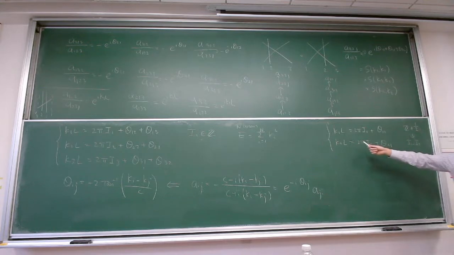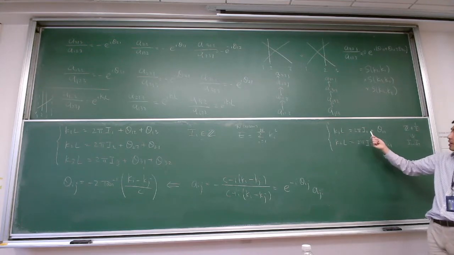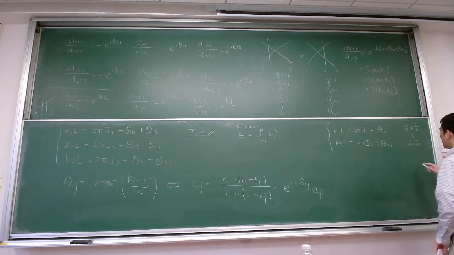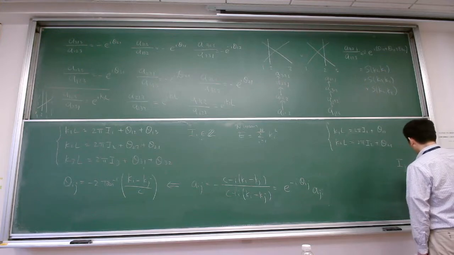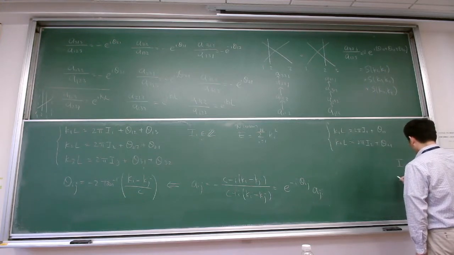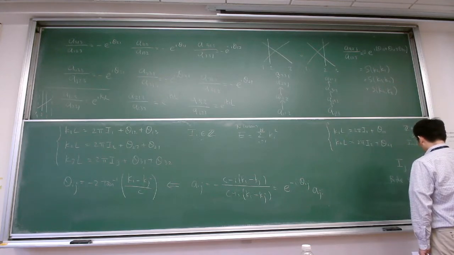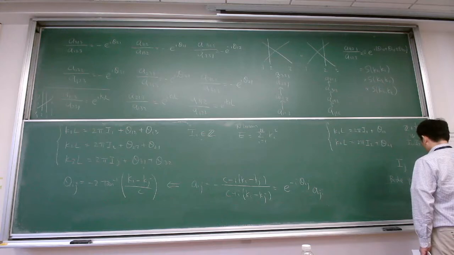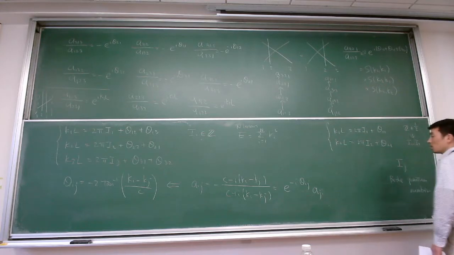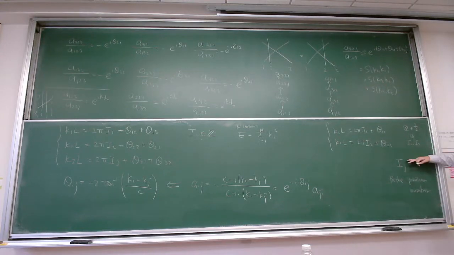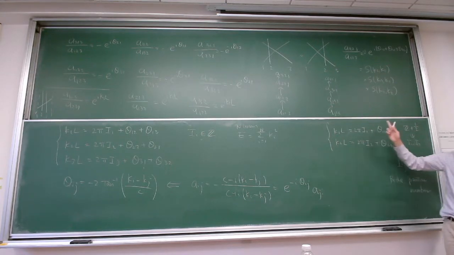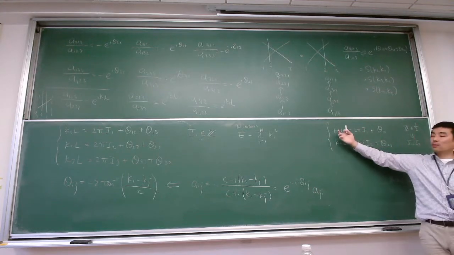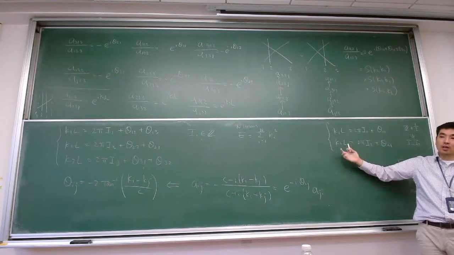You have two variables, k1 and k2. Given I1, I2, these are called quantum numbers, often called Bethe quantum numbers. Given the Bethe quantum numbers, some half integers, and plugging in theta 12 here, you have two unknown variables k1 and k2, and you solve the two equations.